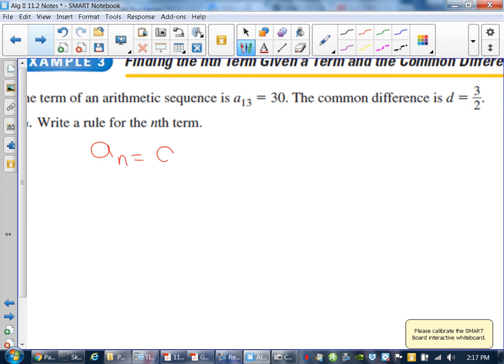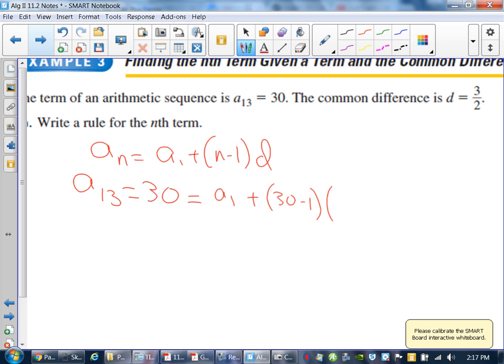Nth term, first term, n plus 1, or n minus 1, excuse me, times your difference. Well, I'm using the 13th term, and I want to show you guys how I write this. I'm saying the 13th term is 30, and that has to equal the first term plus 30 minus 1 times 3 halves.